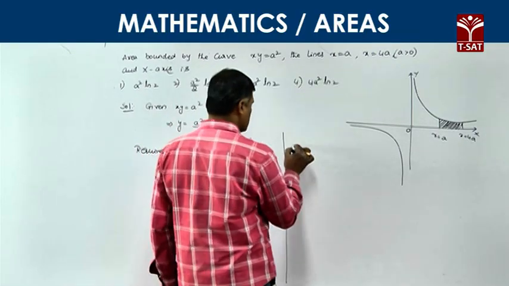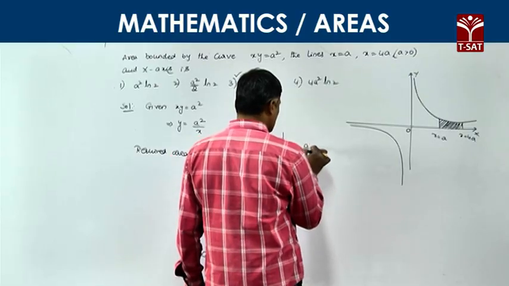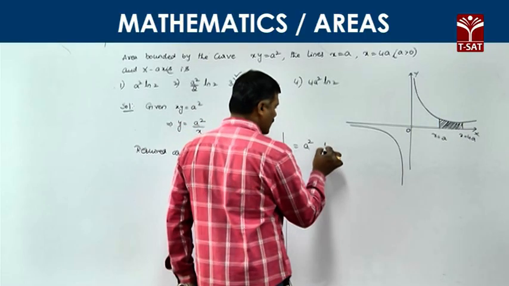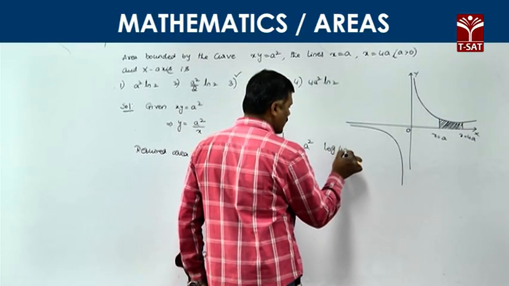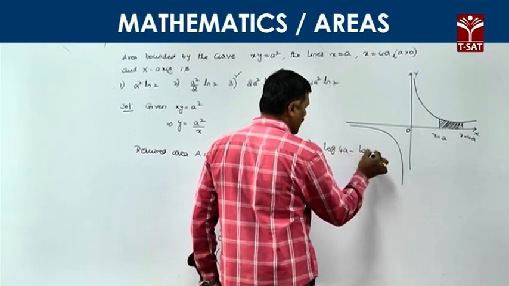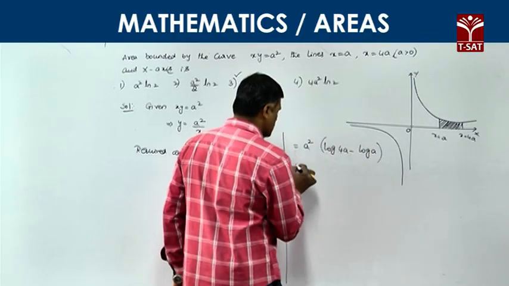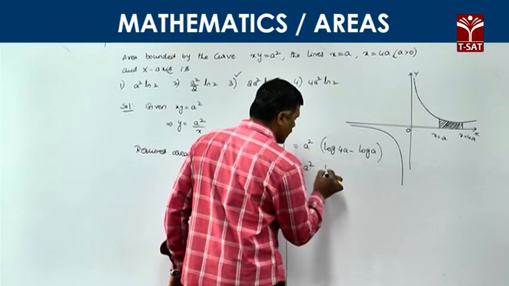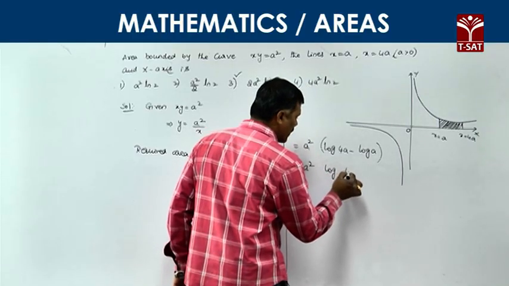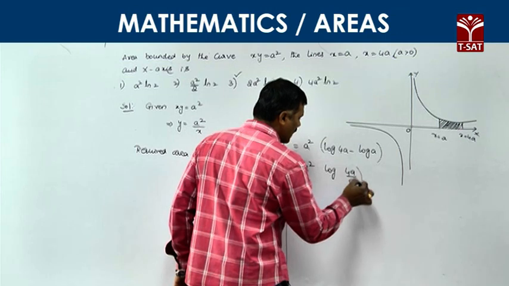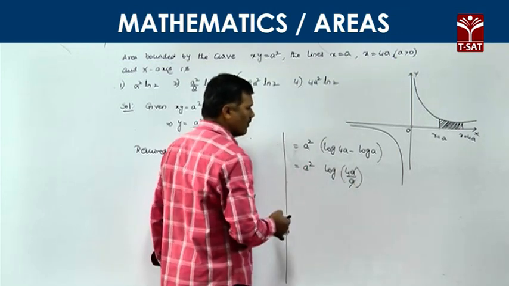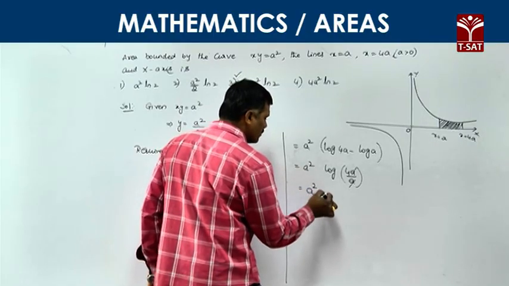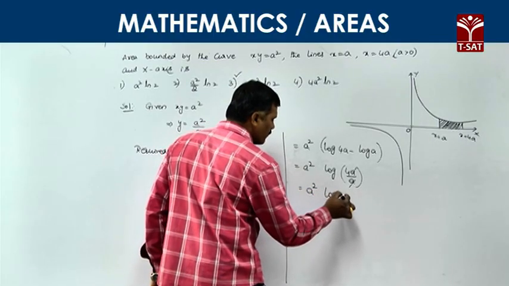That is a² times upper limit log 4a minus lower limit log a, that is a² times (log 4a minus log a). You know the formula log a minus log b is log of a/b, so 4a/a. Now a will go from numerator and denominator, that is equal to a² log 4.